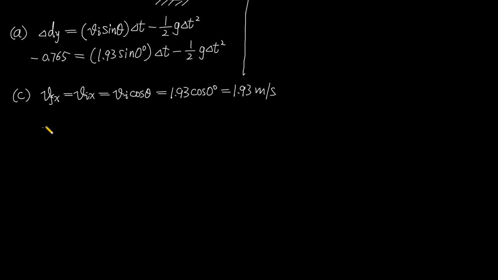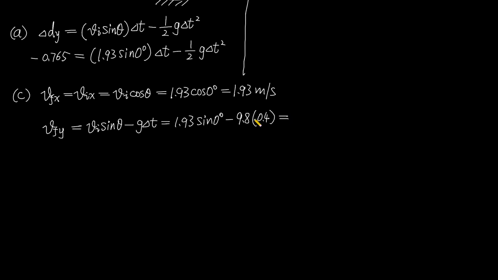Now we have this formula. The final vertical velocity equals the initial velocity multiplied by sine theta minus acceleration g multiplied by time interval delta t, and this equals 1.93 multiplied by sine 0 degrees minus 9.8 multiplied by the time interval 0.4 seconds.